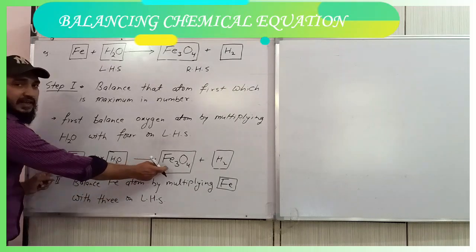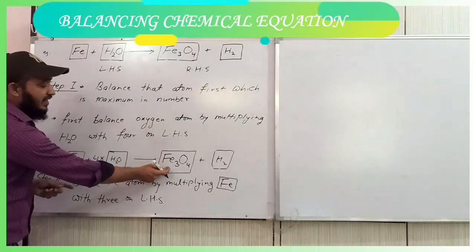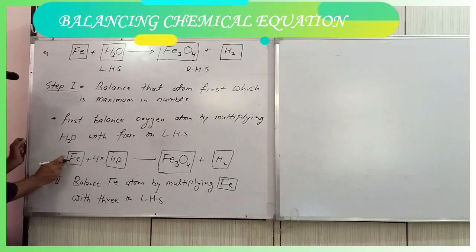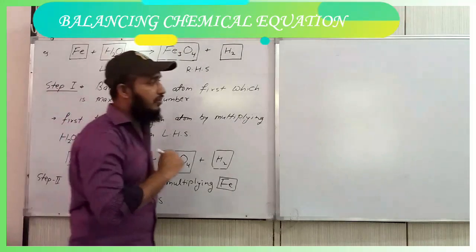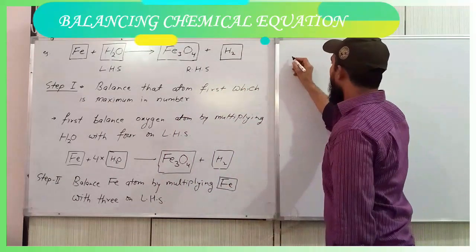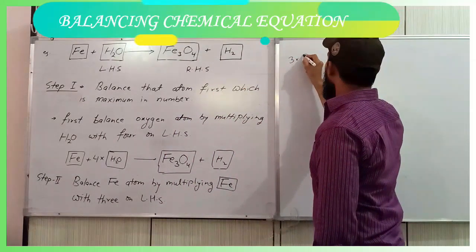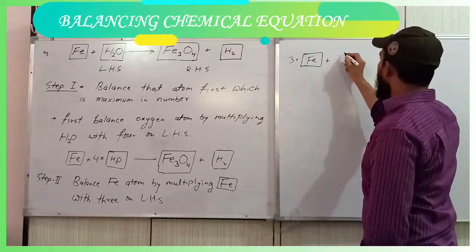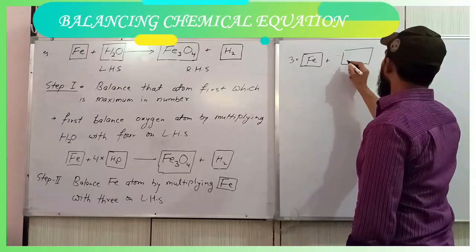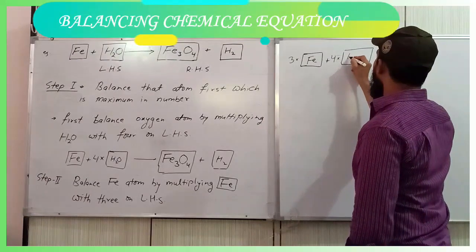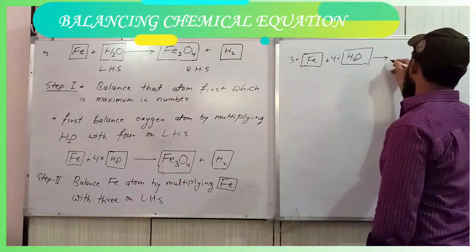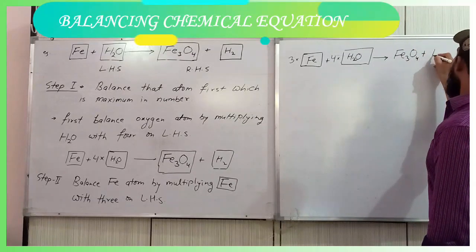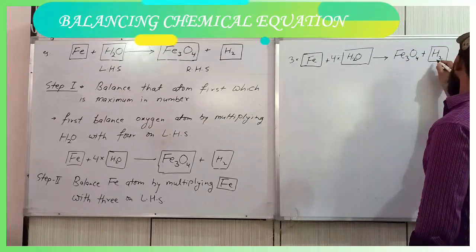Here already 3, so there is no need to write anything here. Here Fe is only 1, so we have to multiply this with 3. So the next step here would be 3 multiply Fe plus 4 multiply H2O gives Fe3O4 plus H2.